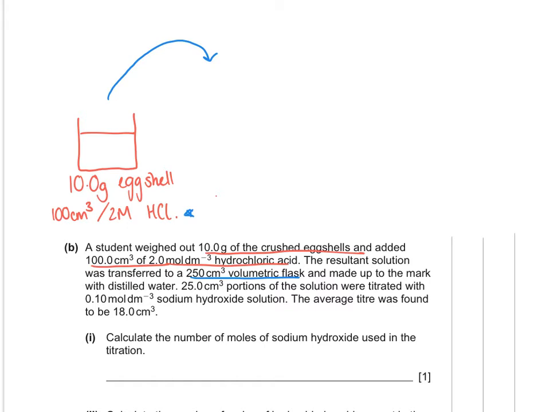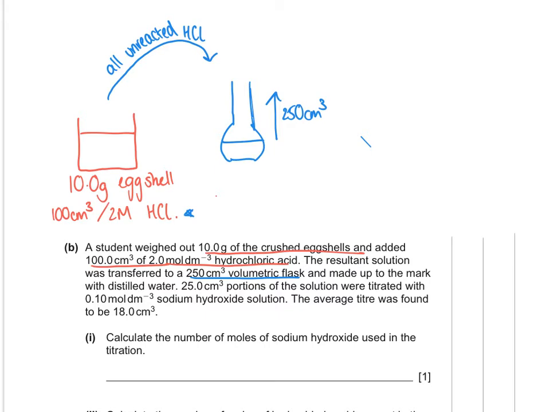So what I'm actually transferring is all of the solution, but it actually contains all the unreacted HCl. So all the unreacted HCl is going into that volumetric flask. Okay, so if I draw my volumetric flask, that's put in might be about here, and then it's made up to 250 centimetres cubed.